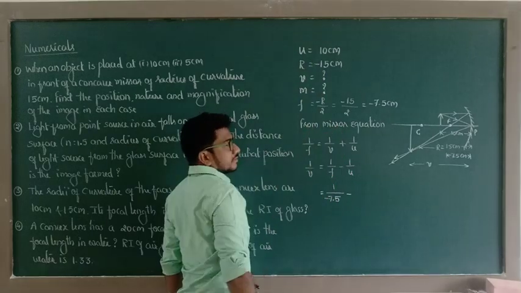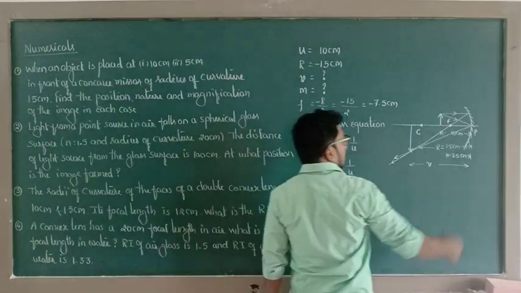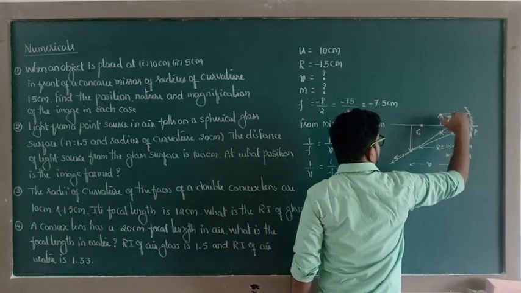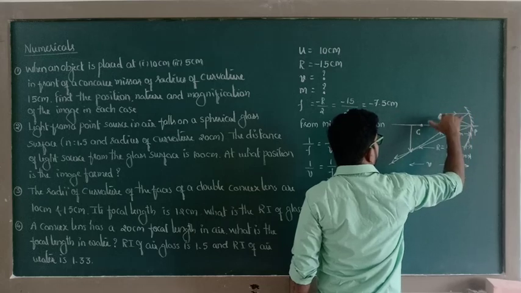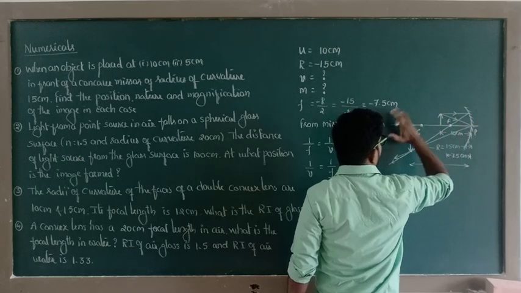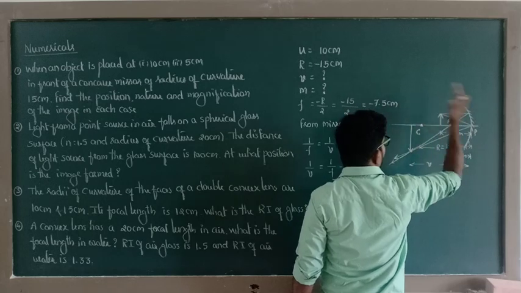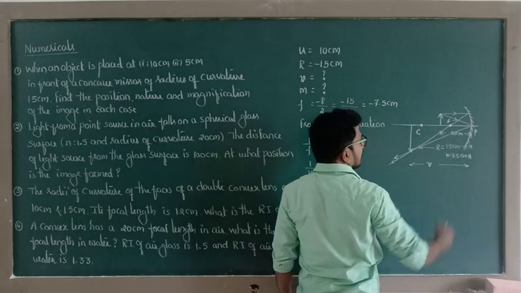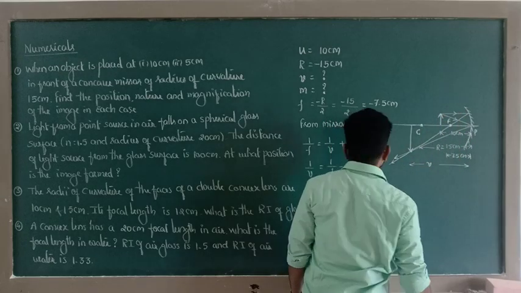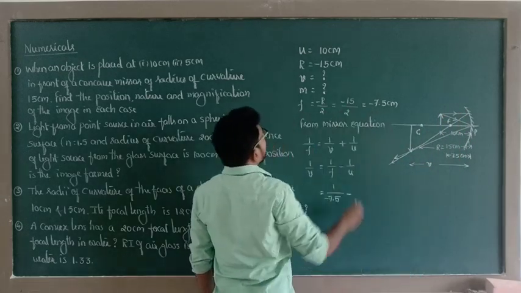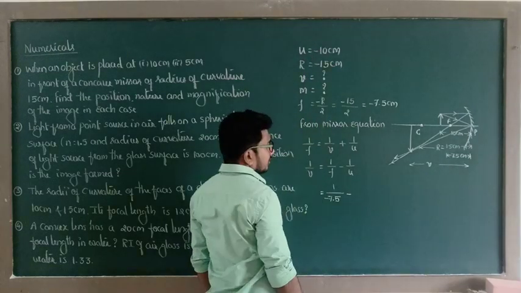According to the Cartesian sign convention, the direction of measurement of object distance is right to left, but the direction of incident light is left to right. Both are in opposite directions, and hence this object distance is also negative. Therefore we should take the object distance with a negative sign.